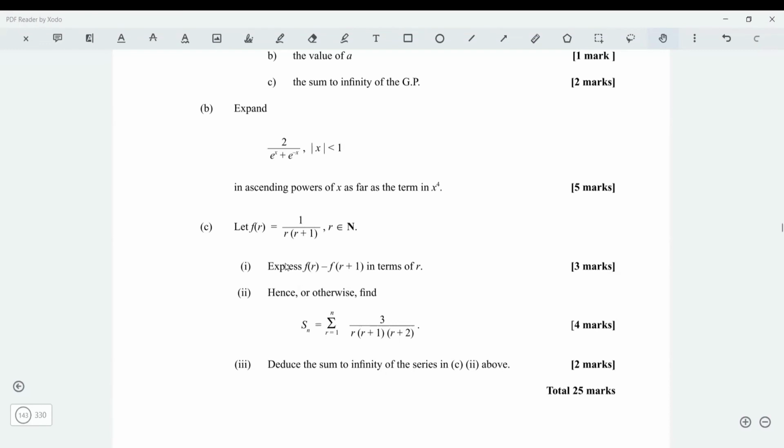This is well easy. f of r is 1 over r plus 1. Find f of r minus f of r plus 1. So writing that down, f of r is equal to 1 over r times r plus 1. And they want us to find f of r minus f of r plus 1.